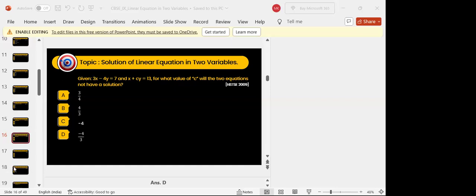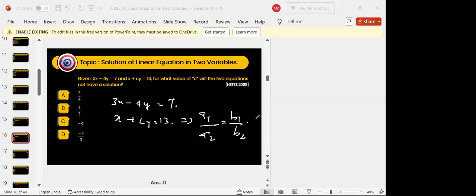So let's do this. 3x minus 4y equals 7, x plus cy equals 13 will not have a solution. That implies when it doesn't have a solution, that means a1 by a2 will be equal to b1 by b2, which is not equal to c1 by c2.